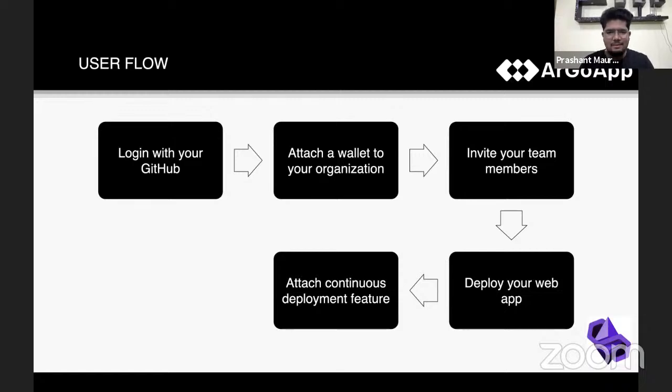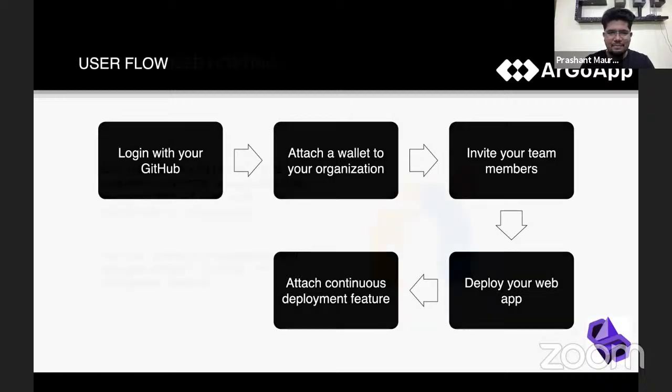And this is how they will be able to do that. It is as easy as what is written here. Just log in with your GitHub, attach your wallet, invite your team members if you wish to, deploy your web app, and that's it. If you want to apply any kind of continuous deployment features, you can go ahead and use that as well. One thing you have to keep in mind, we are on a testnet. So I'll walk you through how to claim the testnet tokens in order to start deploying the apps.